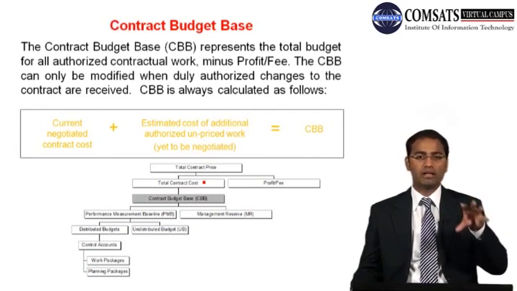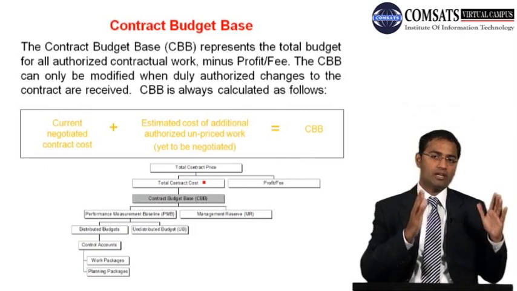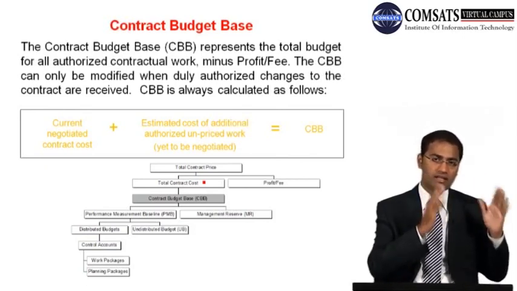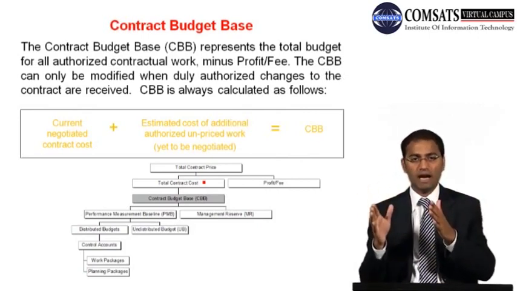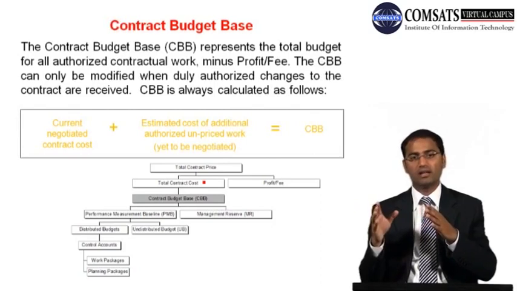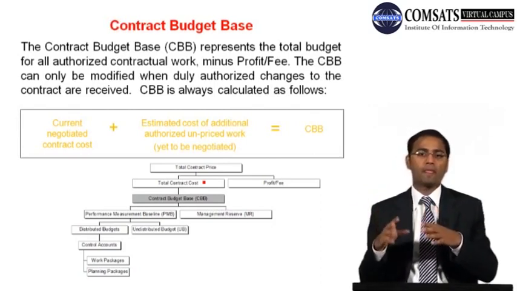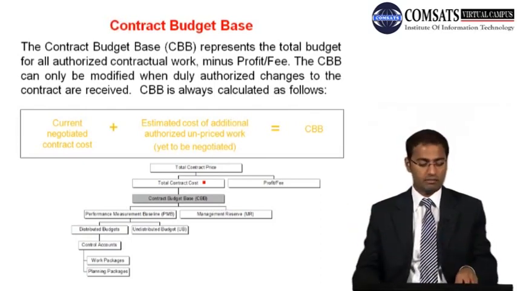So you should be very clear now. The contract cost is the one which has already been agreed, negotiated and current. Whereas अगर आप उसके अंदर वो component भी add कर लें which is unauthorized and negotiations are yet to be done, and the estimated cost of that will make CBB.